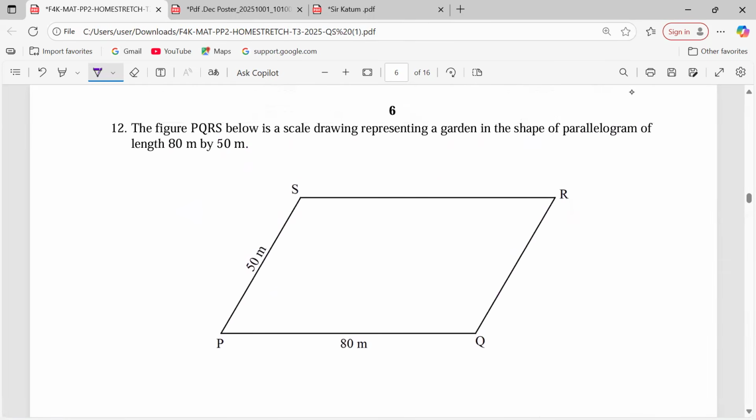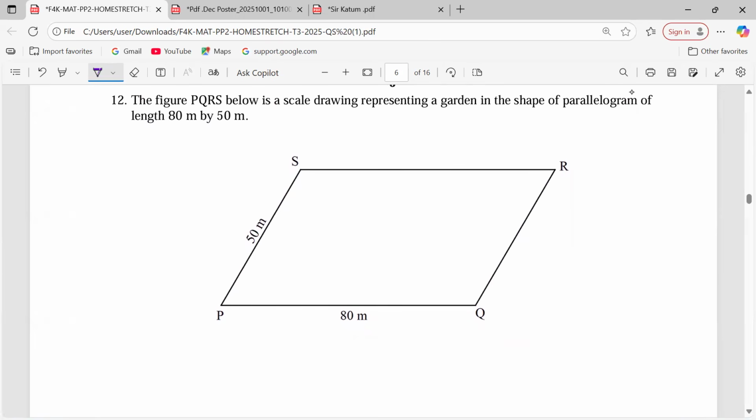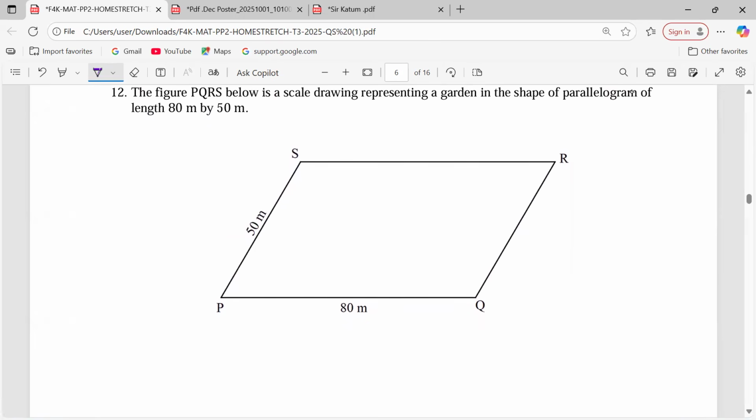Now look at number 12. The figure below, or the figure PQRS below, is a scale drawing representing a garden in the shape of a parallelogram of length 80 by 50. Yeah, you can see.